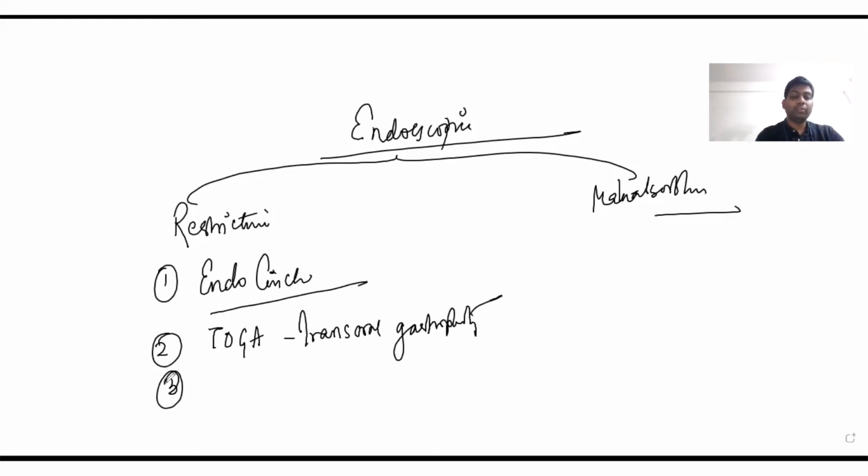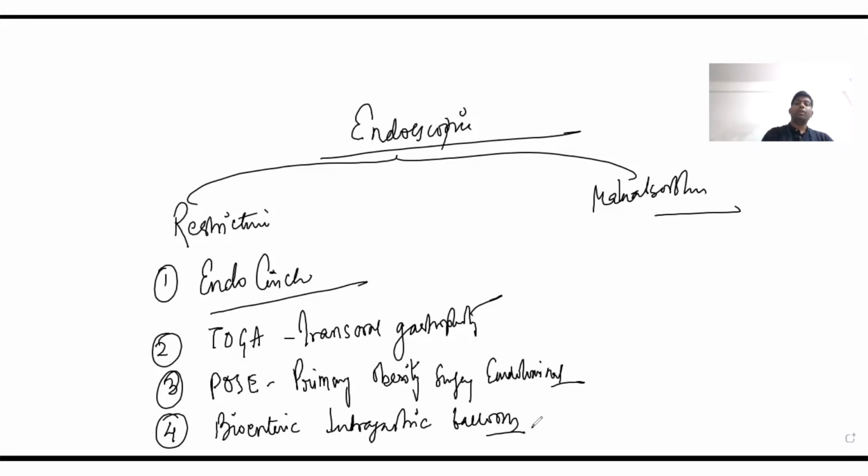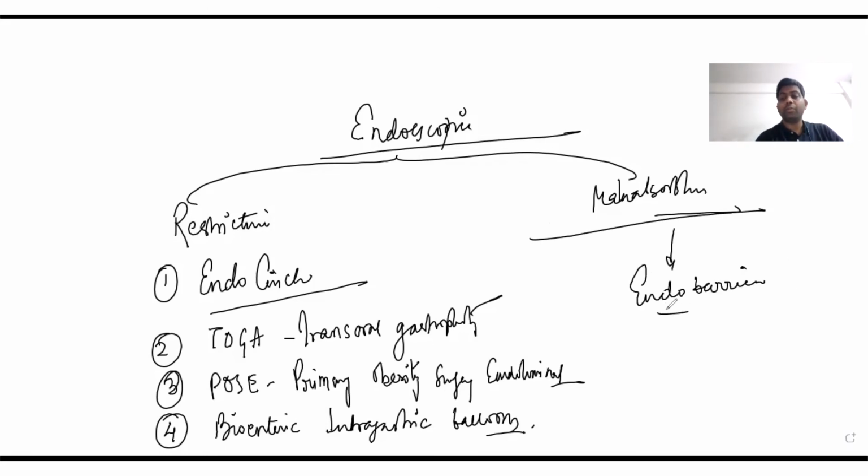Number three is POSE, that is primary obesity surgery endoluminal. And number four is the bioenteric intragastric balloon. We are going to see each of them independently. And the malabsorptive type includes the EndoBarrier gastrointestinal liner. So these are the various endoscopic procedures for bariatric surgery, restrictive and malabsorptive. Let us look into a few of them.